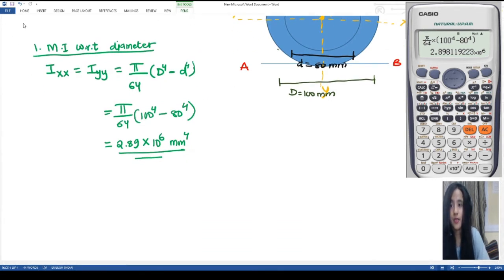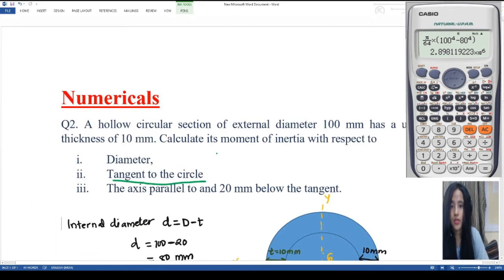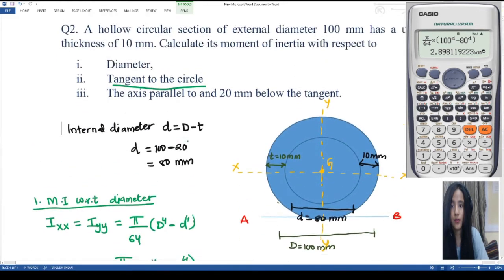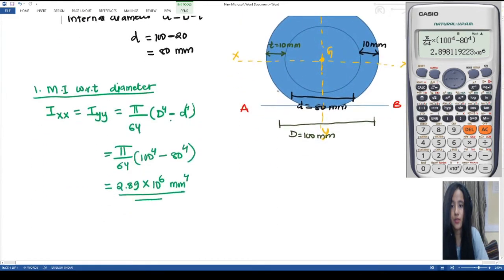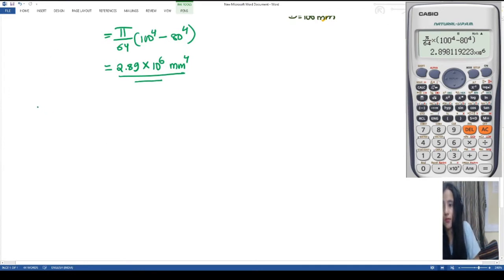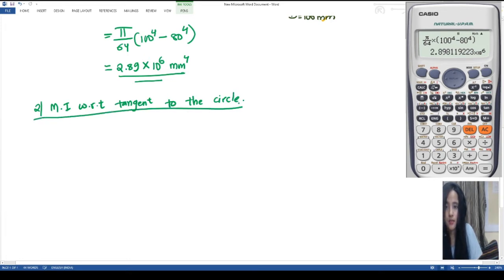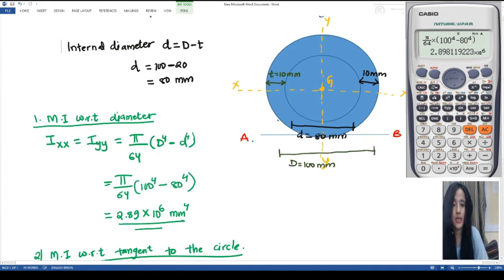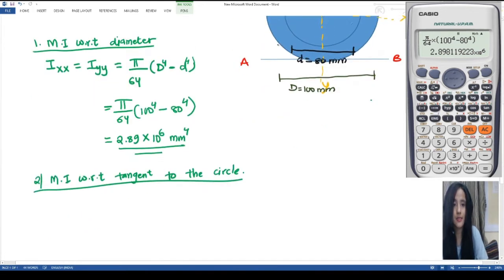So we are asked to find the moment of inertia with respect to the tangent to the circle, and the tangent here is my line AB, which is running parallel with the x-axis.